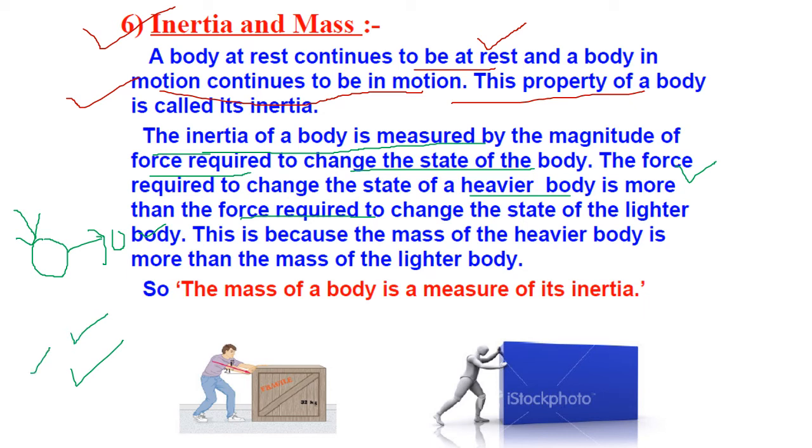If it is a larger body, larger force is required. This is because the mass of the heavier body is more than the mass of the lighter body. That is why we need to apply more force.